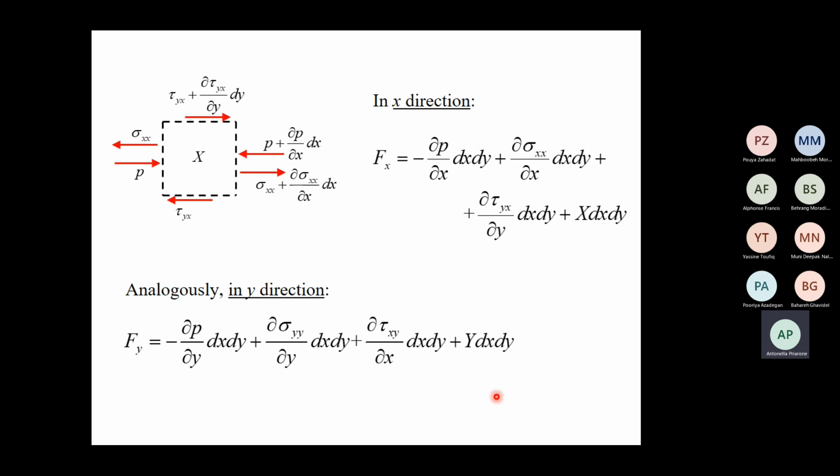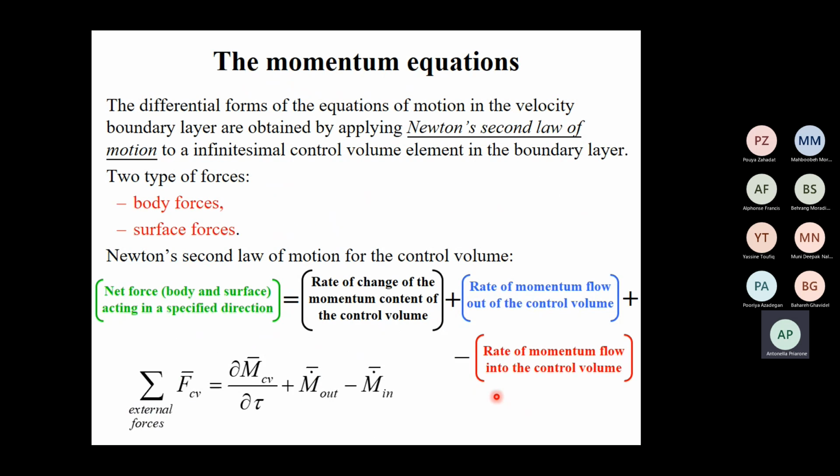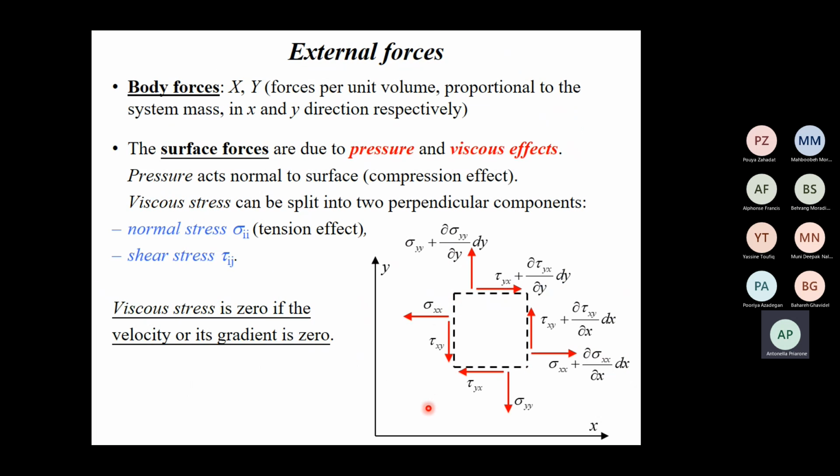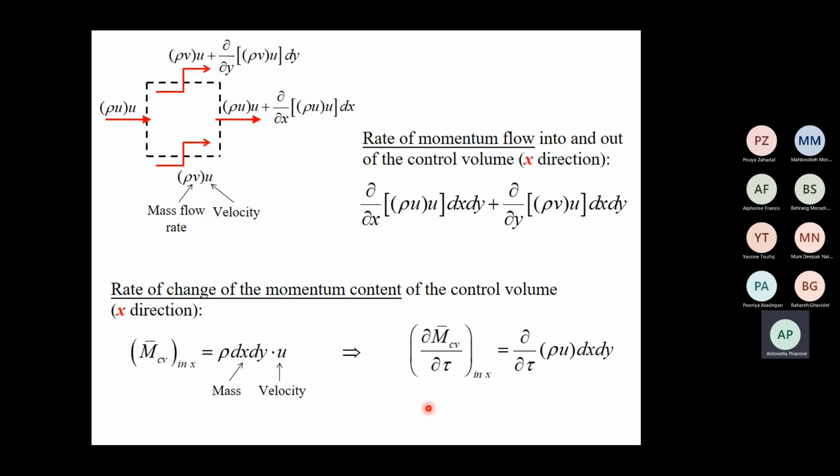Now, I go back to the equation that I have to obtain. I have to write the external forces and the outlet and the inlet rate of momentum flow in the control volume. And here it is written like this.